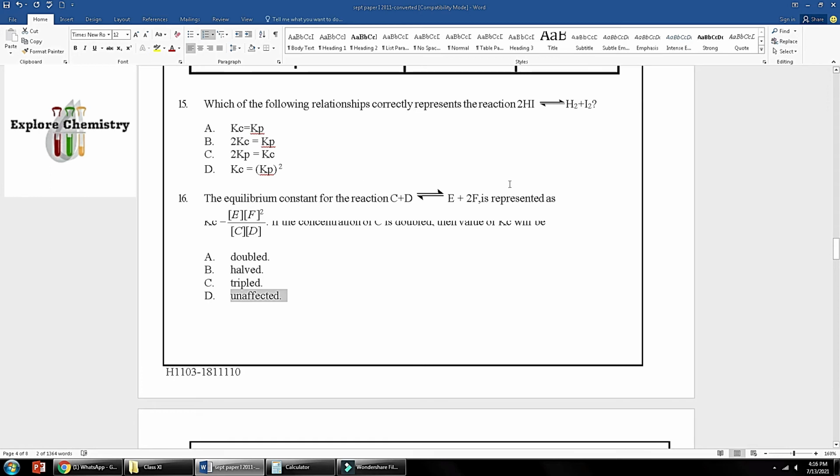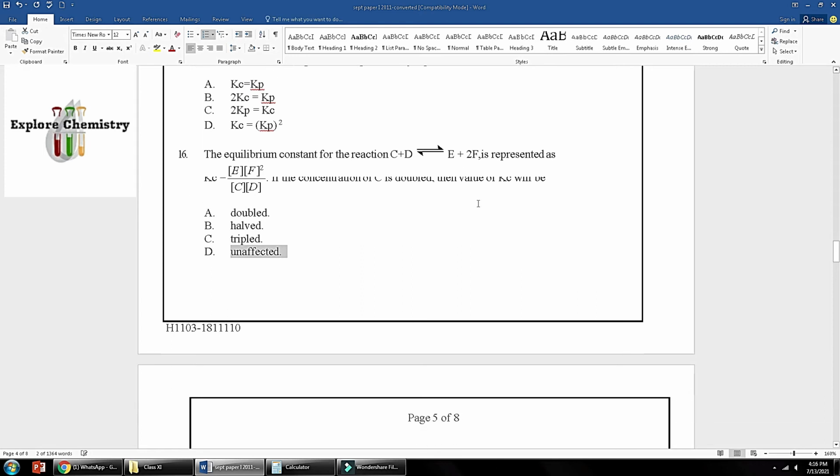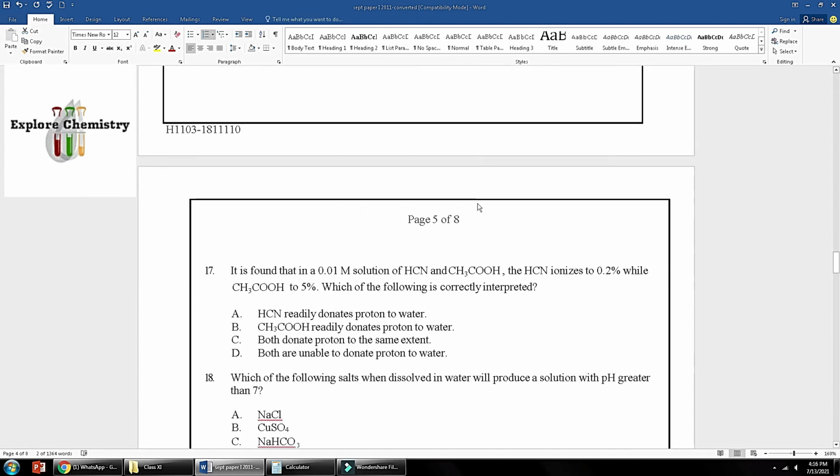After that it will re-establish equilibrium, so Kc value will remain unchanged. If a reactant increases, more product will form. So Kc value is unaffected by the concentration.